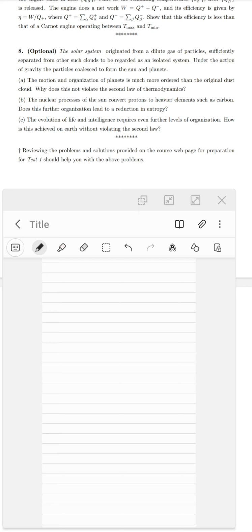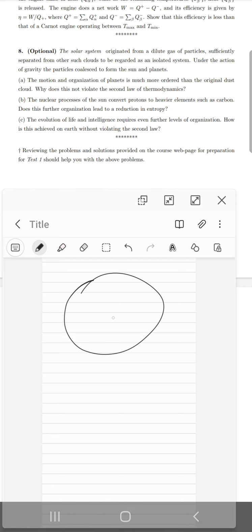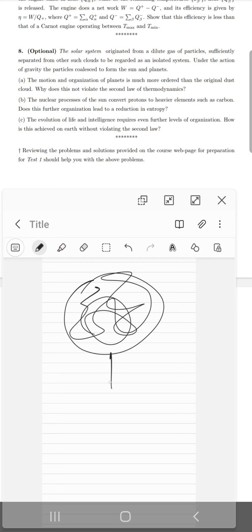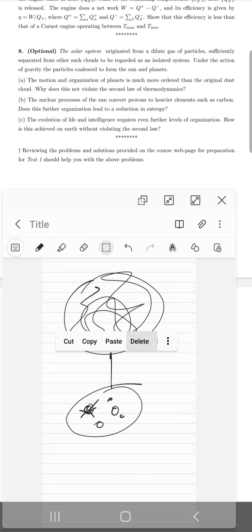Or because you gave away some energy. So if this is your solar system, you have some cloud of dust, and because of gravity, this gave you the sun and the different planets. What you are not considering is that this process is highly exothermic.